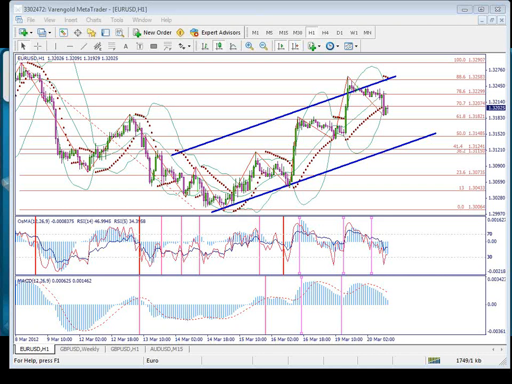If one signal fails, it fails because of the political changes. This is why I'm just trading a few pairs. I can follow all the events from those countries.